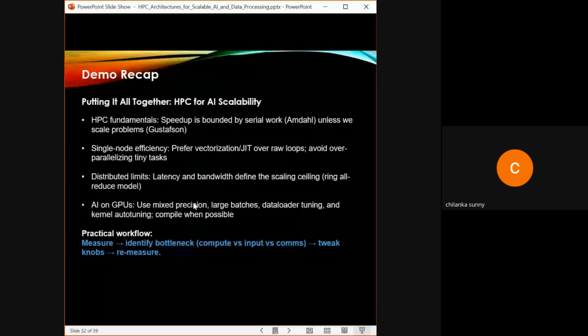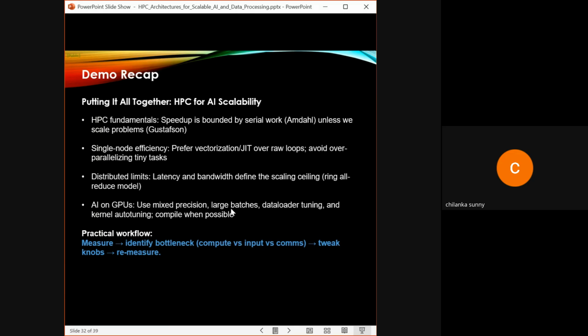Okay, so now we have seen how to bring the HPC fundamentals to AI scalability. Here we saw that speedup is bounded by the serial work, by Amdahl's law, unless we scale the problem or increase the problem size. For single node efficiency, we can prefer vectorization over row loops and avoid over-parallelizing tiny tasks.